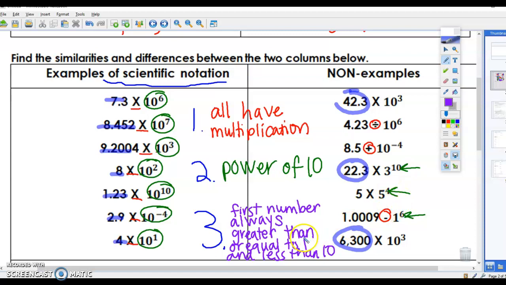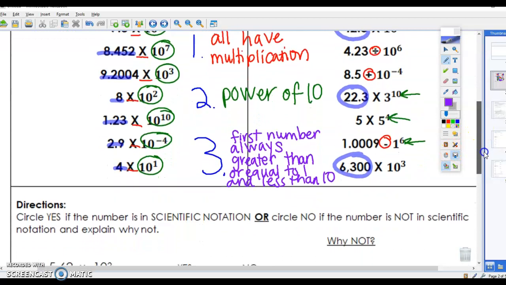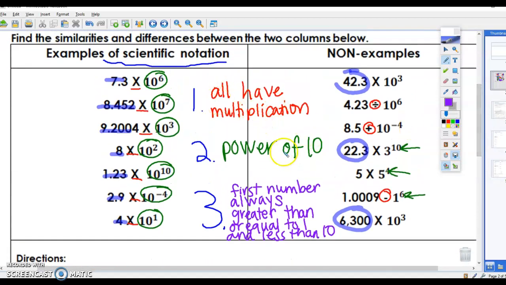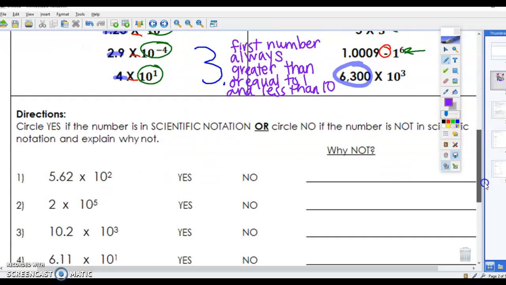The third one was probably the hardest, that each of these numbers, the first number there, is a number that is greater than or equal to 1, but it's always less than 10. So it never is bigger than 9.999. See, this one has 6,300. So that's the first 3 rules of what puts a number in scientific notation. You have to have multiplication, a power of 10, and the first number always has to be greater than or equal to 1 and less than 10.